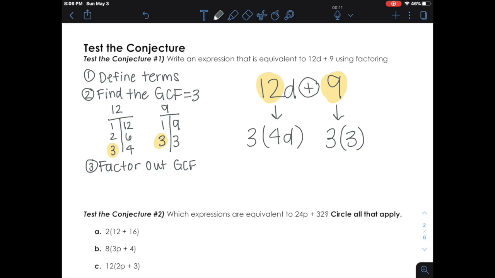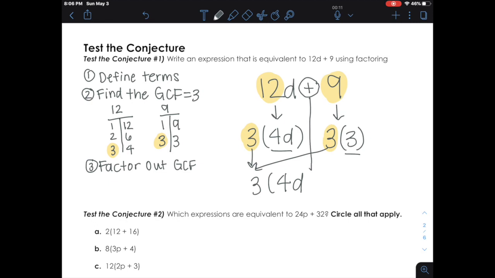Okay, now all we have to do is rewrite our expression, but with 3, our GCF, factored out. So we're going to take the 3's out of the parentheses, and we're going to just put 1 to represent it. Then we're going to put inside parentheses what is left.